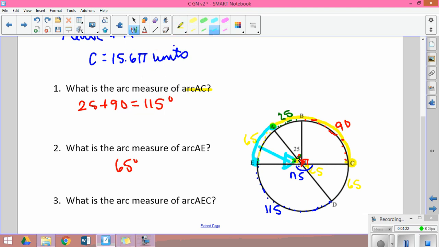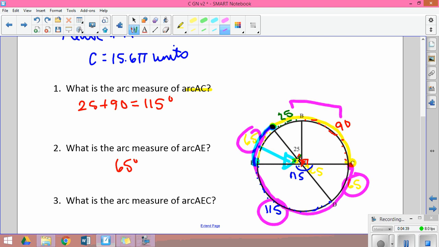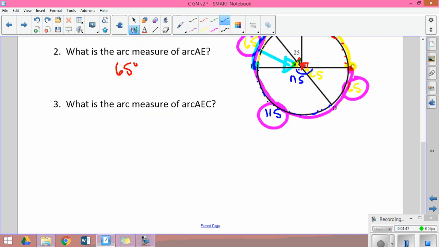If I want to look at the measure of arc, now here comes a major arc, A through E to C, I can either add up each of these individual arcs or subtract those two from 360 because all the way around is 360.